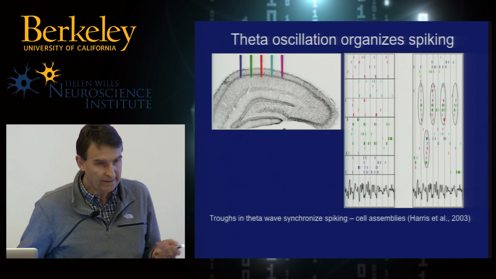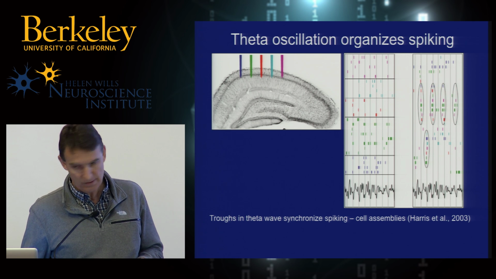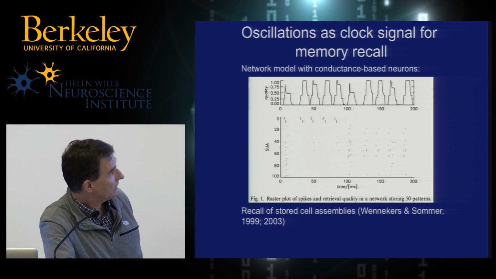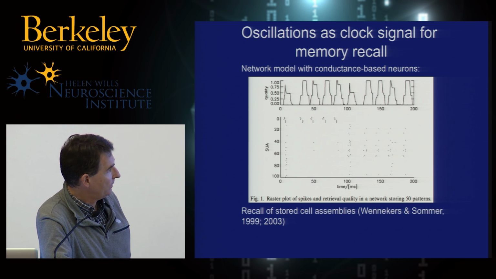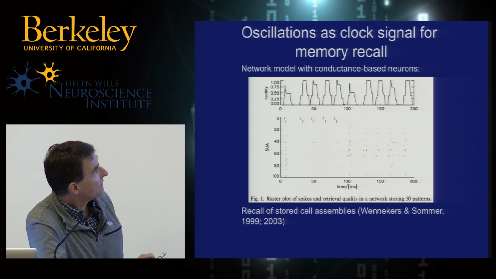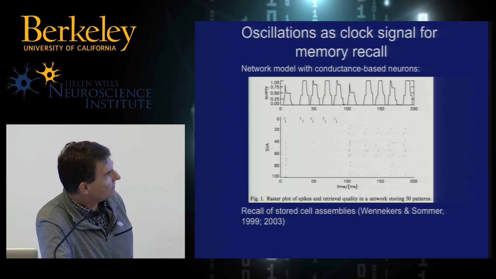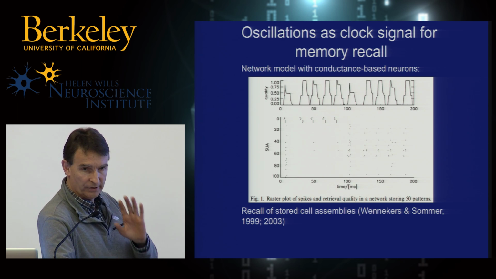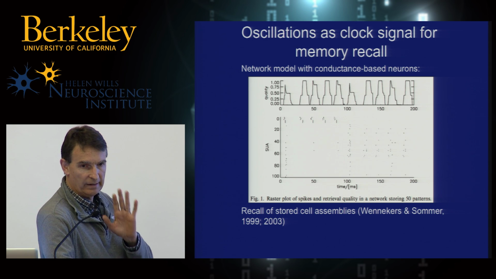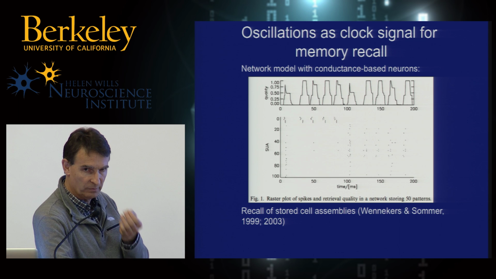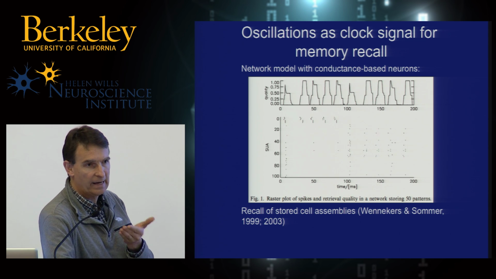So now, what kind of computation could you locally do with this? This is the result of a simulation model that we did a long time ago, that Thomas Wennekers did around 2000. These are a bunch of conductance-based, two-compartment neurons. We stored local cell assemblies in the network. So in the synaptic structure, there are now certain patterns that are like attractors.